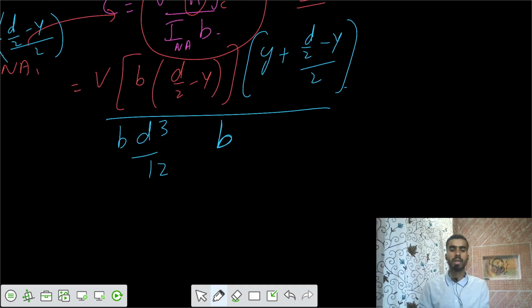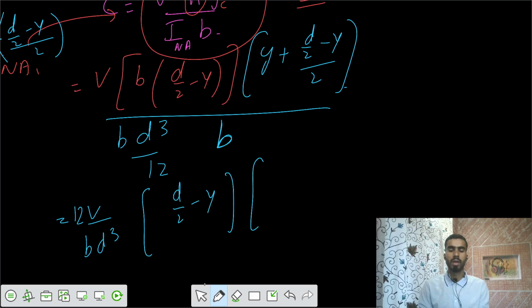If you solve it further, we got some value of V by 12 times V by bd cube. Then we have d by 2 minus y, and from this we have 2y plus d by 2 minus y, divided by 2.